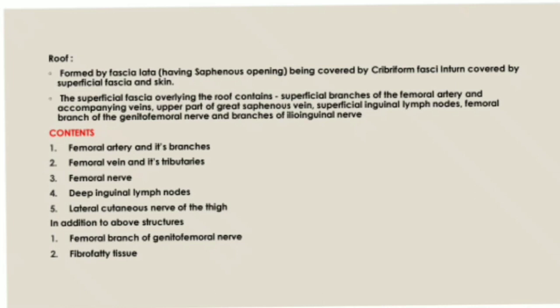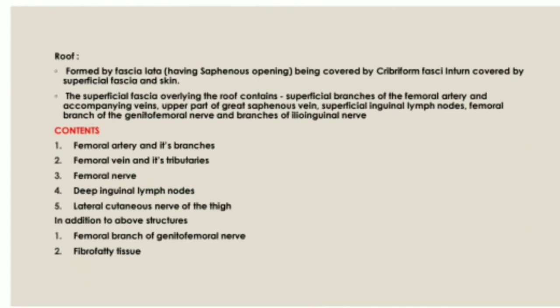So this inguinal canal, which you have been studying in the abdomen region, and the femoral triangle are related from some point of view, because there is a common nerve called the genitofemoral nerve. This genitofemoral nerve divides into two branches: one is the femoral branch, another is the genital branch.